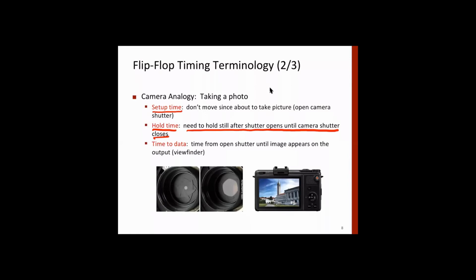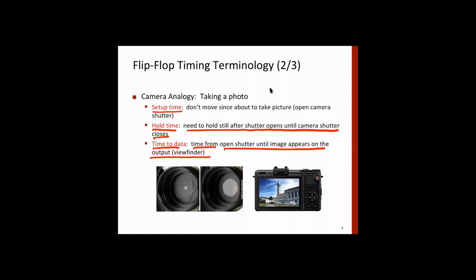And third is the time from when you have pressed the shutter, or when the shutter opens, till after some time the photo will be available in the viewfinder. When you press the shutter, from that point it takes a certain time when the photo is available in the viewfinder, right?